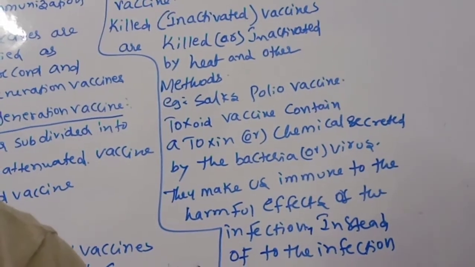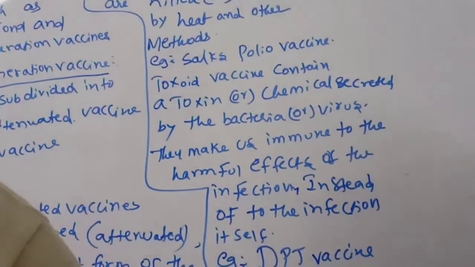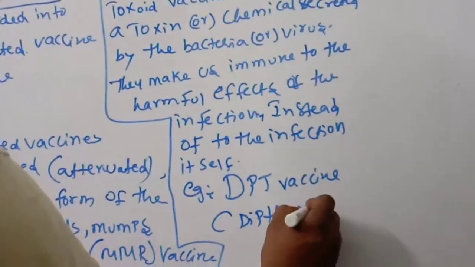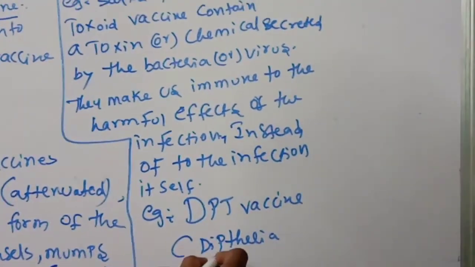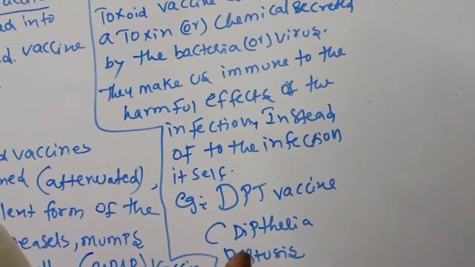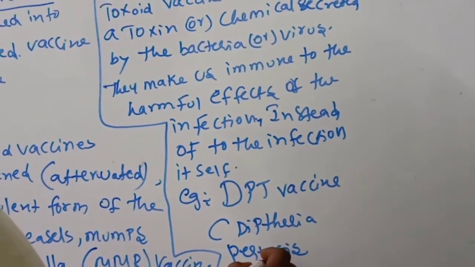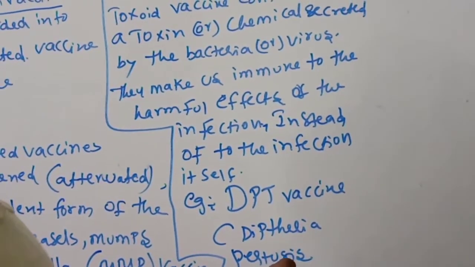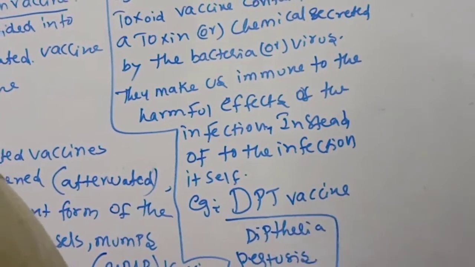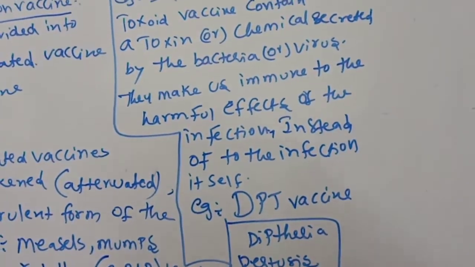D means what? Diphtheria. P means pertussis. T means what? Tetanus. Diphtheria, pertussis and tetanus. This is important.